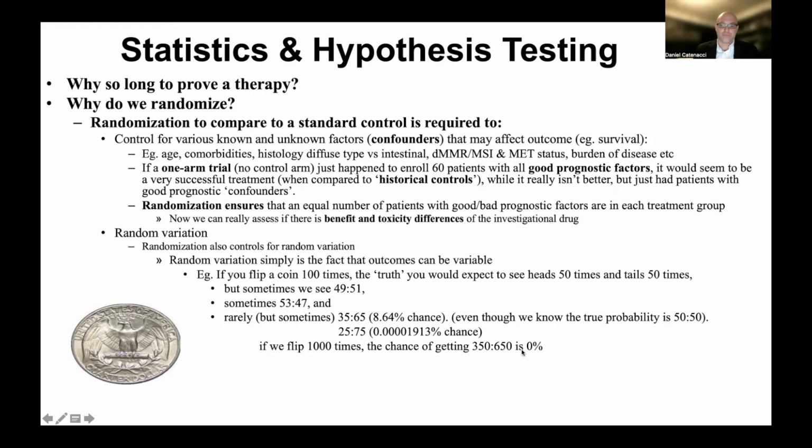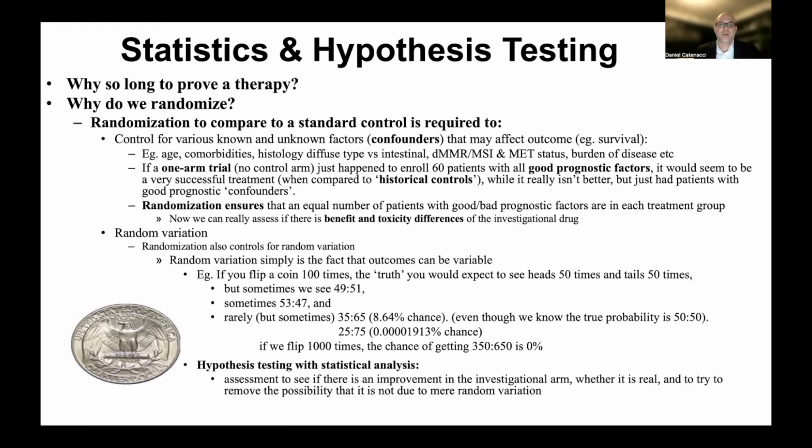So with hypothesis testing, with statistical analysis, this is what we are trying to do: we are assessing to see if there's an improvement in an investigational arm and whether it's real, and trying to remove the possibility that it is due to mere random variation.